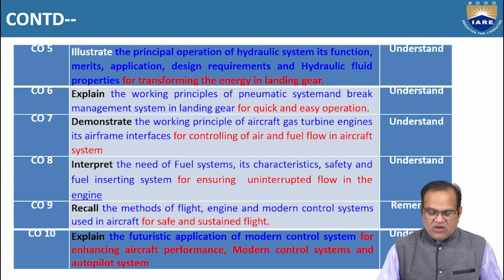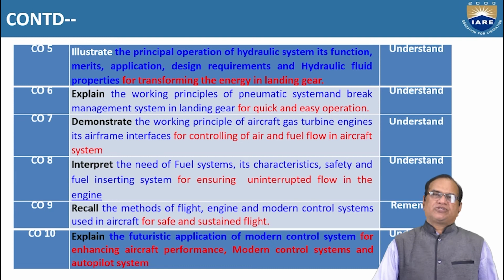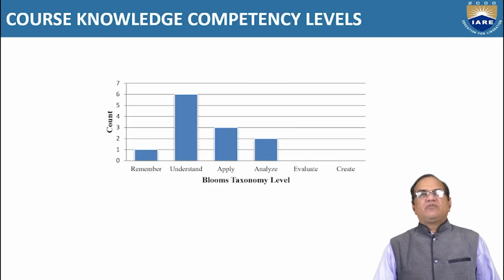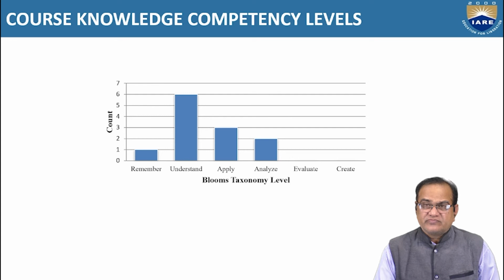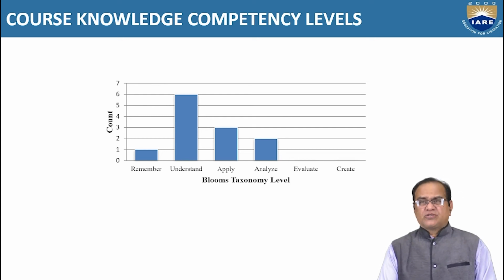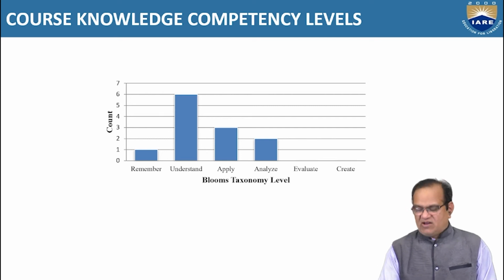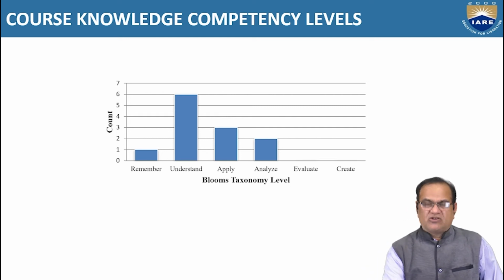So like this we have the 10 course outcomes, and we have to make sure that students are able to understand all these concepts. If you ask how much percentage of each level of Bloom's taxonomy is in these course outcomes: remember, out of 10, is only 10%.